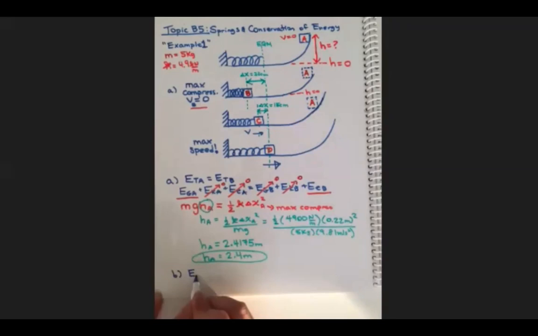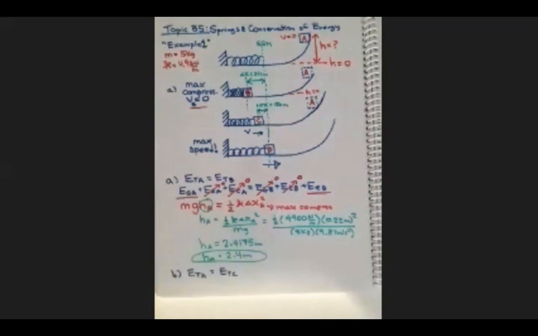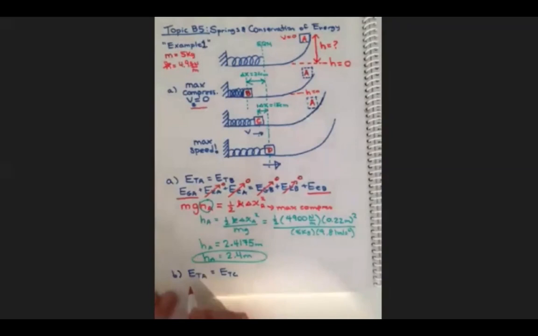C, total energy, has the speed that I'm trying to solve for embedded in it, and ETA is known, and it's simple, mgh. We substitute in mgha for total energy at A for the same reason as in part A. And then for total energy at C, what forms of energy are involved at part C?